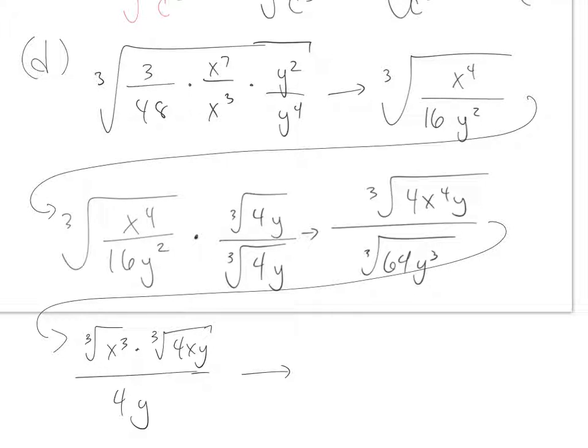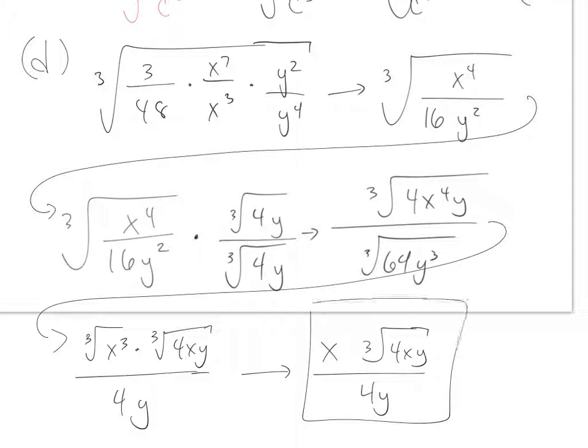Mathematically, that's allowed. Because if I were to go back, x cubed times x is x to the fourth, and then I just have a 4y left over. So I can do that, because now the cube root of x cubed is simply x. X times the cube root of 4xy, that's left over 4y.